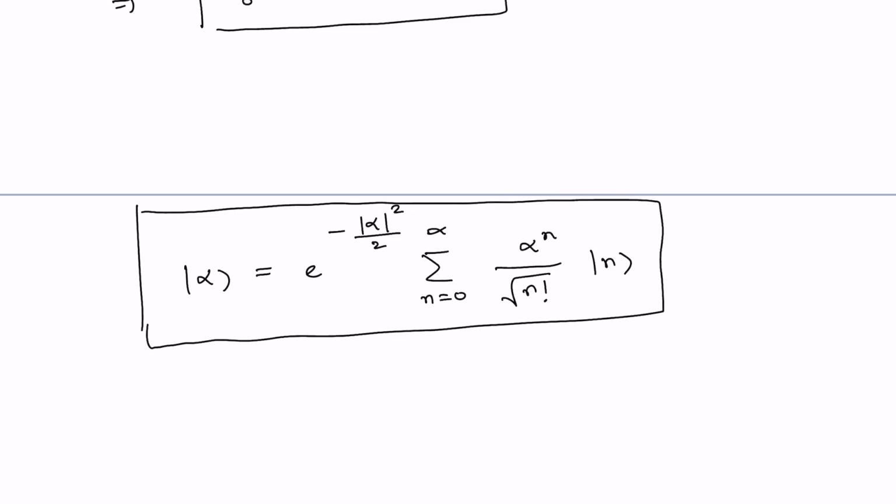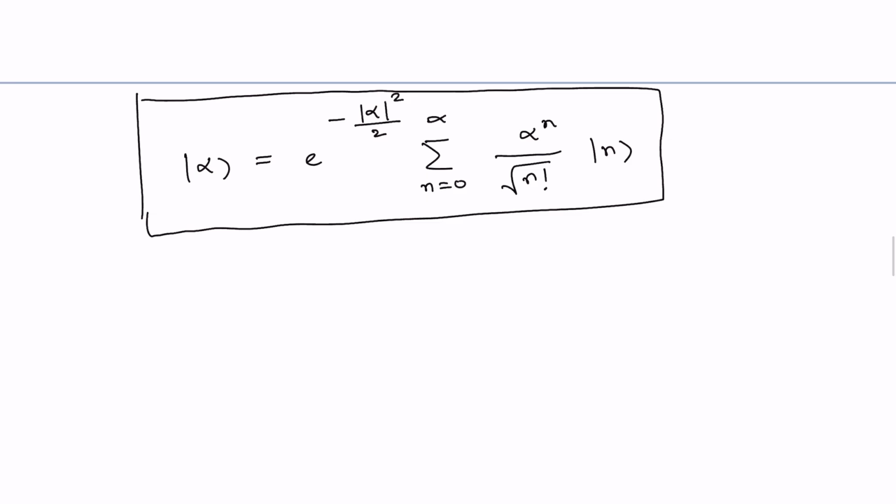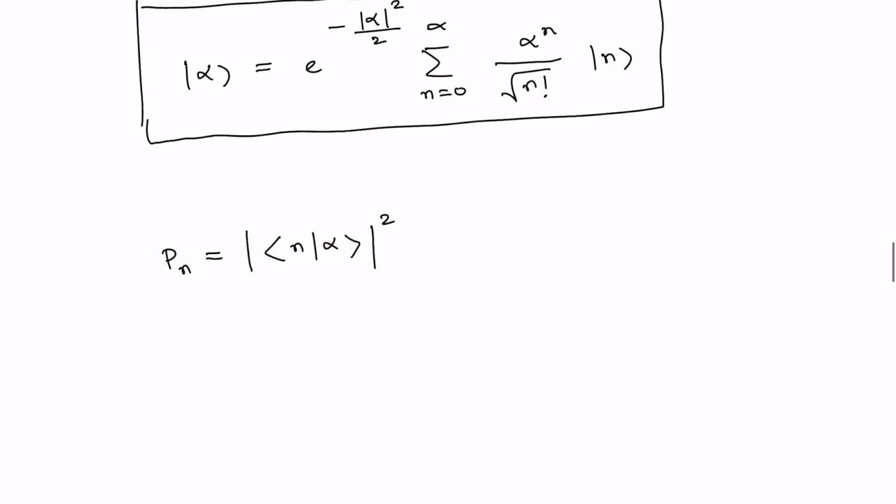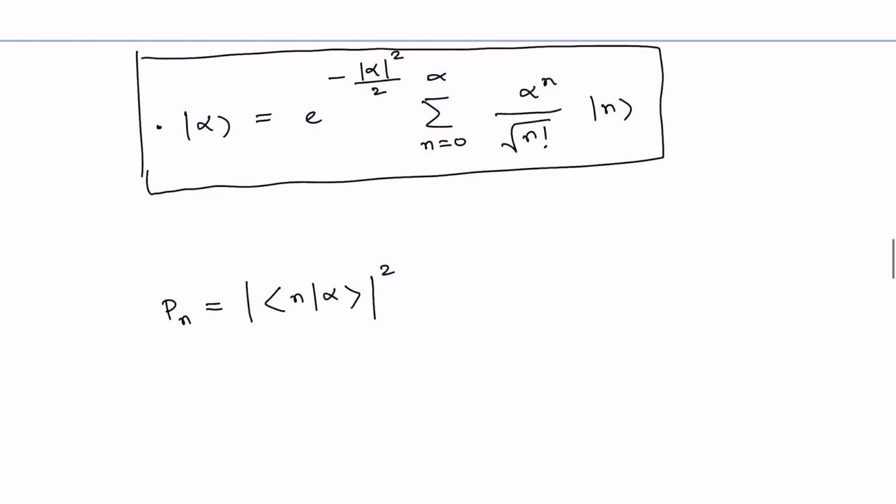Now we can find out the probability of finding n photons in the field being in a coherent state quite easily. The probability of finding n photons in the coherent state, Pn, can be worked out by calculating the modulus square of the scalar product of bra n with ket alpha. You know this is going to give you the probability of finding n photons in the coherent state, because you know the expression for the coherent state, which you have already worked out.